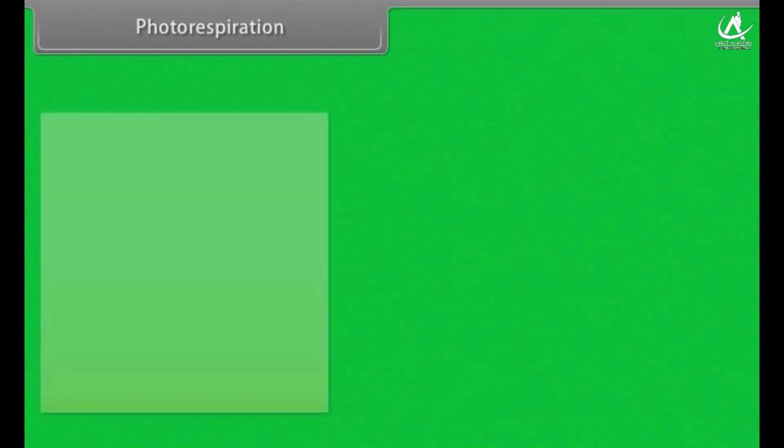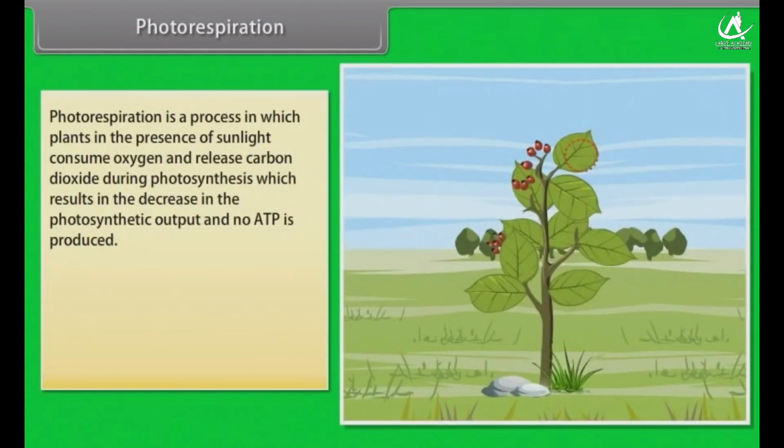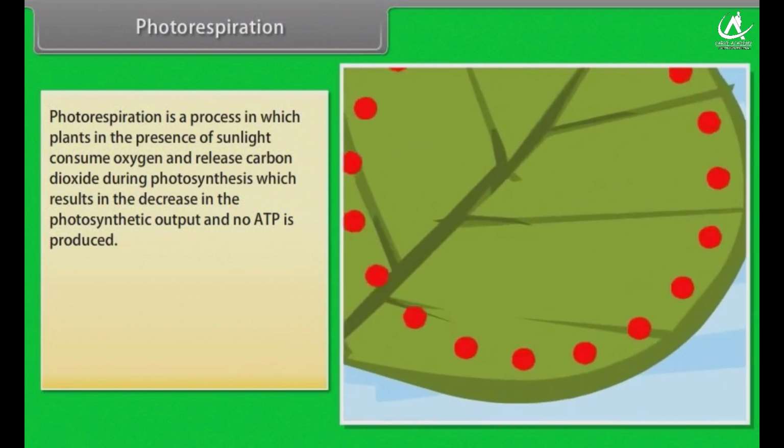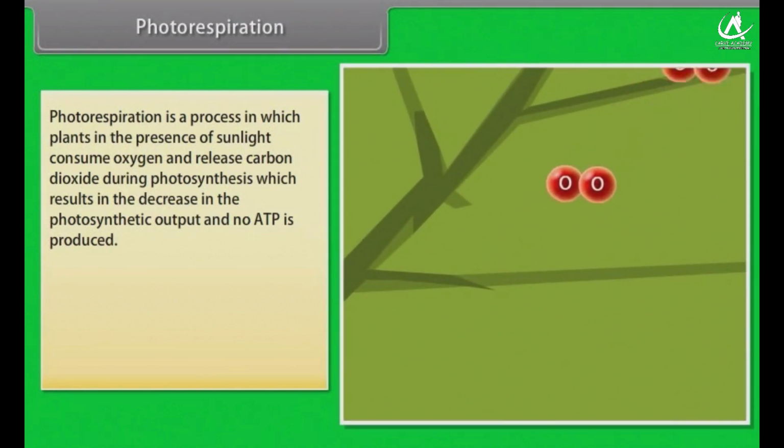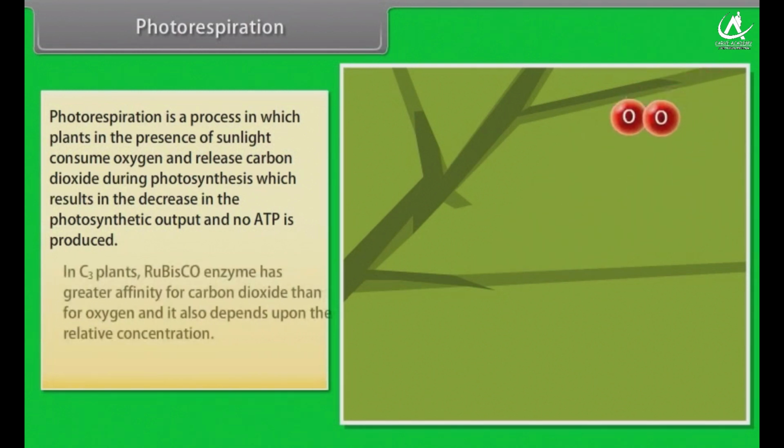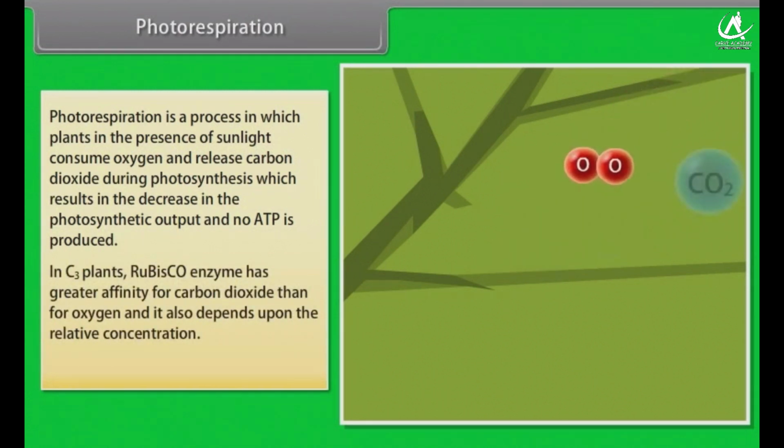Photorespiration. Photorespiration is a process in which plants, in the presence of sunlight, consume oxygen and release carbon dioxide during photosynthesis, which results in the decrease of photosynthetic output and no ATP is produced. In C3 plants, the Rubisco enzyme has greater affinity for carbon dioxide than for oxygen, and it also depends upon the relative concentration.